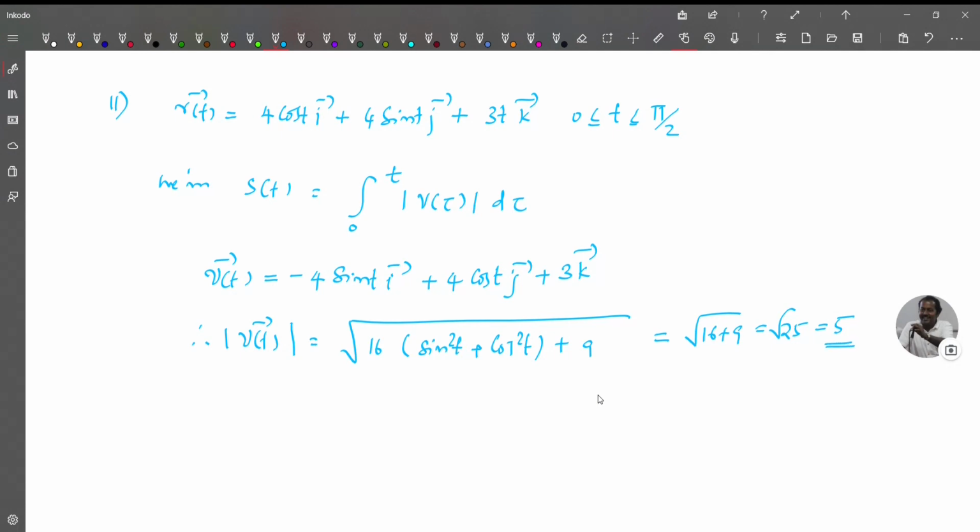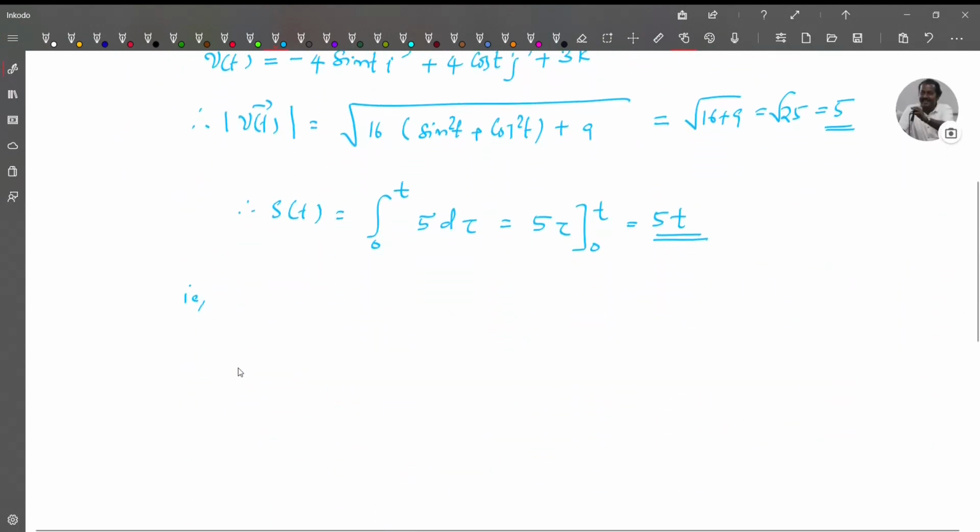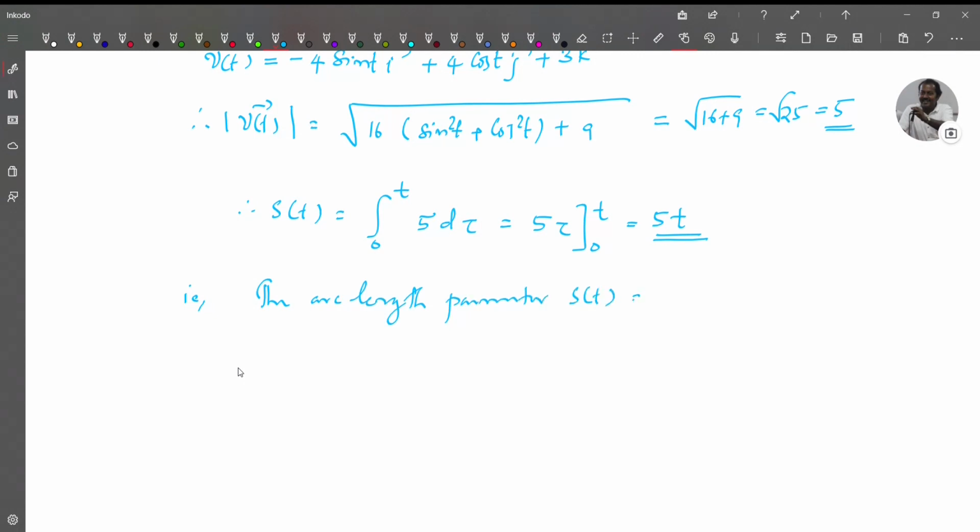Therefore, s of t is equal to integral 0 to t 5 d tau. So this is 5 tau from 0 to t. So this is 5t. That is, the arc length parameter is s of t equal to 5t.